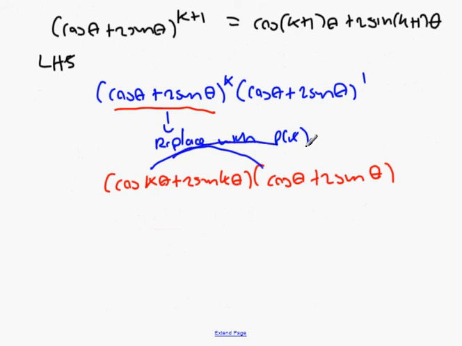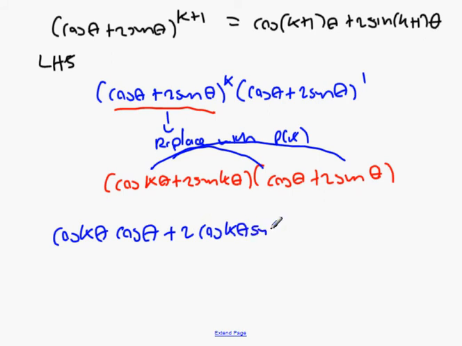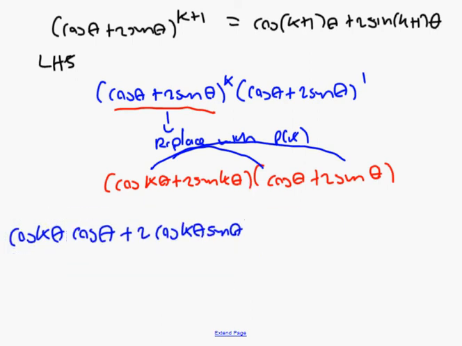So we're going to have cos k theta cos theta, then i times cos k theta sine theta, then i sine k theta cos theta, and then finally plus i squared sine k theta sine theta.